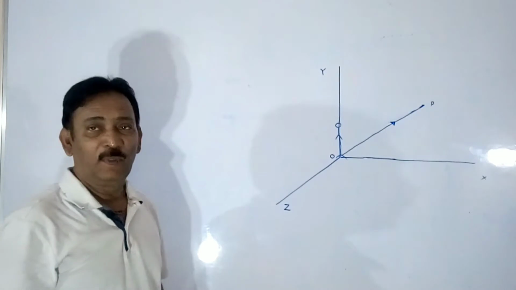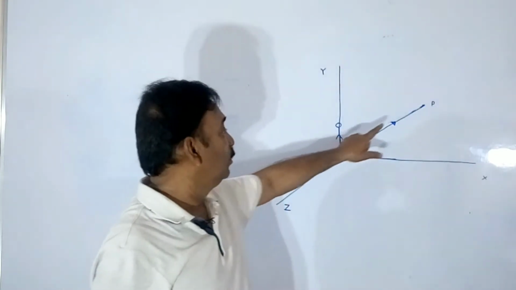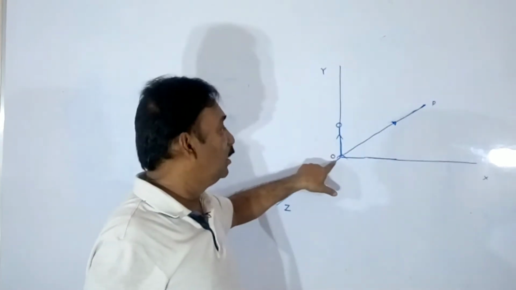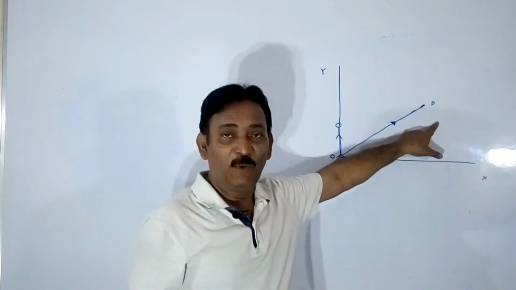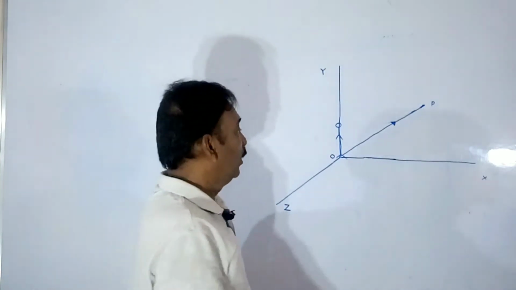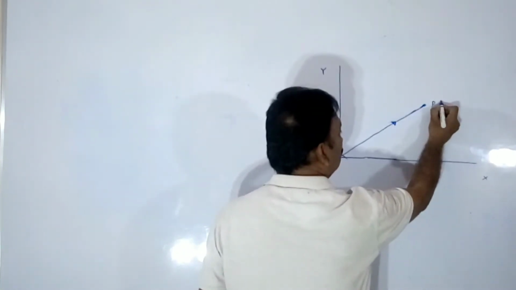Okay, here taking a point of reference, we are observing the motion of the particle. If you connect the origin and the position of the body by a straight line, we get a position vector. If it is the position vector, it must have coordinates, isn't it?